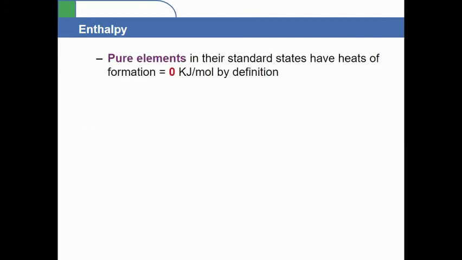Now, pure elements in their standard states have heats of formation of 0. This is very important. By definition, you can't form an element from itself. So they are established at 0, and this kind of gives us a baseline to determine how much energy is going to be involved in the formation of compounds. All right.